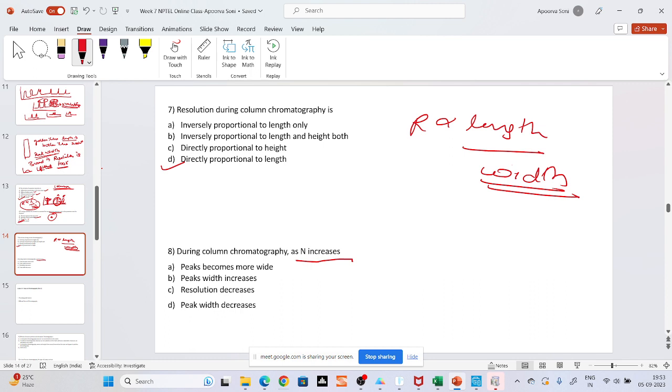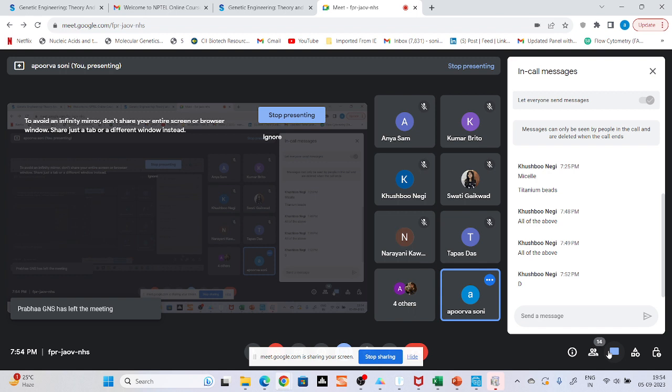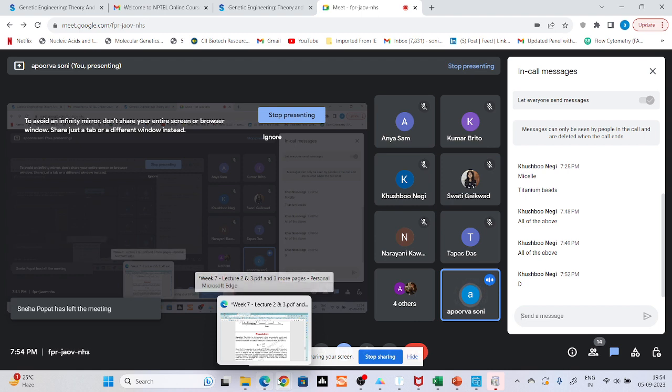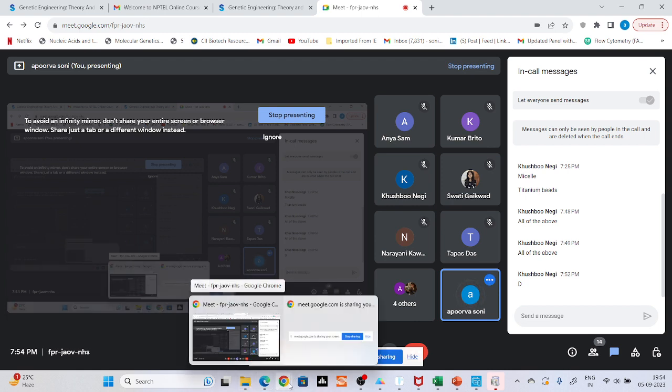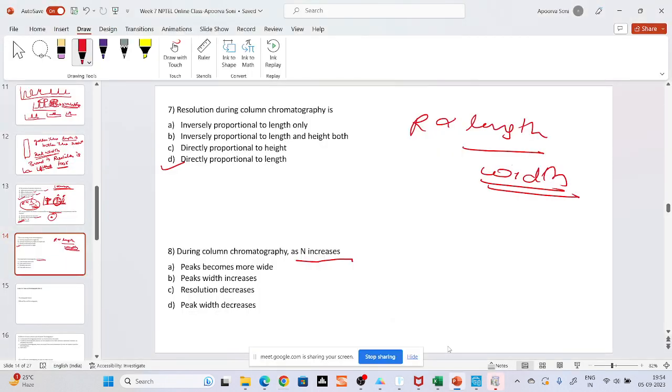What can be the answer of this question? Just a minute. D. So Khushbu, are you saying D for this particular answer? I just saw your message. Okay, peak width decreases. If you are saying, then yes, it is right. So during column chromatography, as n increases, peak width decreases.